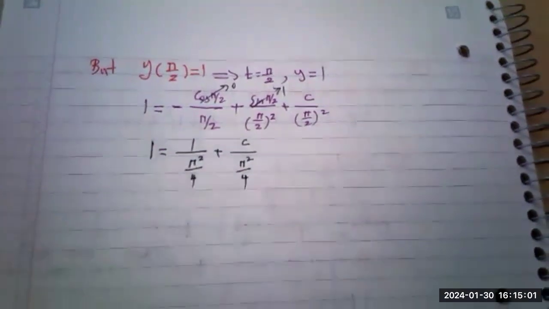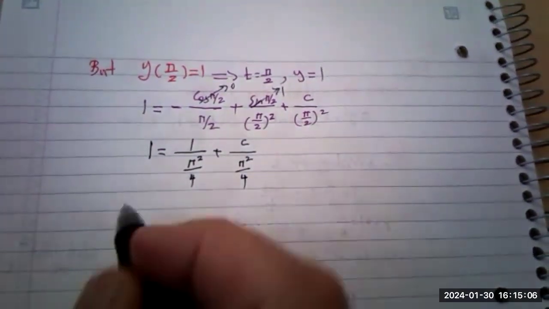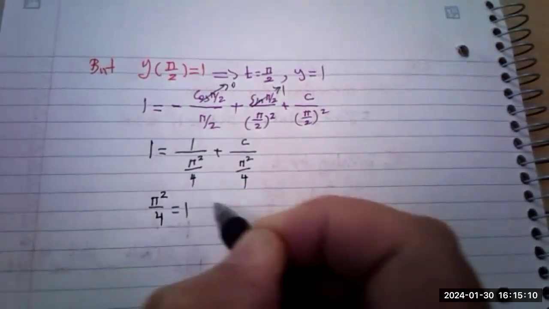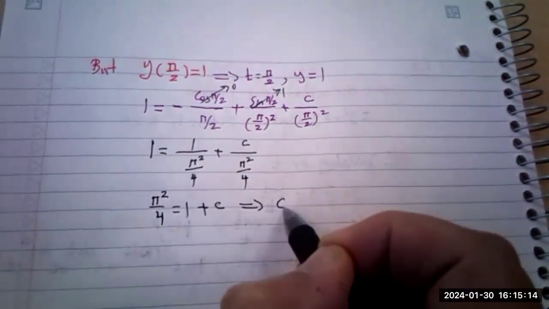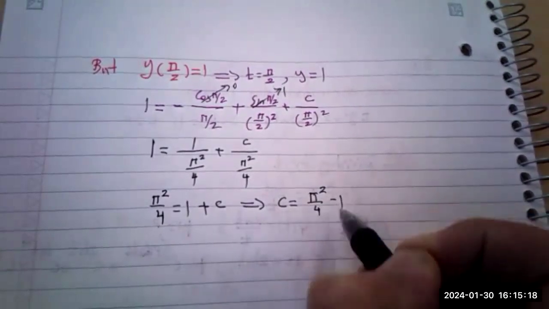Okay, multiply both sides by pi squared over 4. So that gives you pi squared over 4 equals 1 plus c. So your c would be pi squared over 4 minus 1.